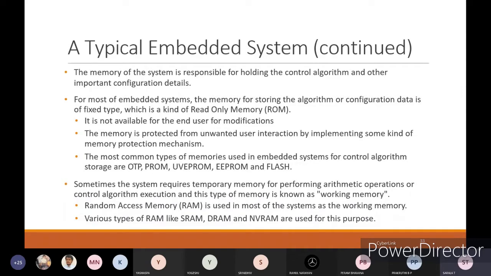That is one-time programmable, programmable read only memory, and UVEPROM represents ultraviolet erasable PROM, erasable PROM, and electrically erasable PROM, and then flash memory.